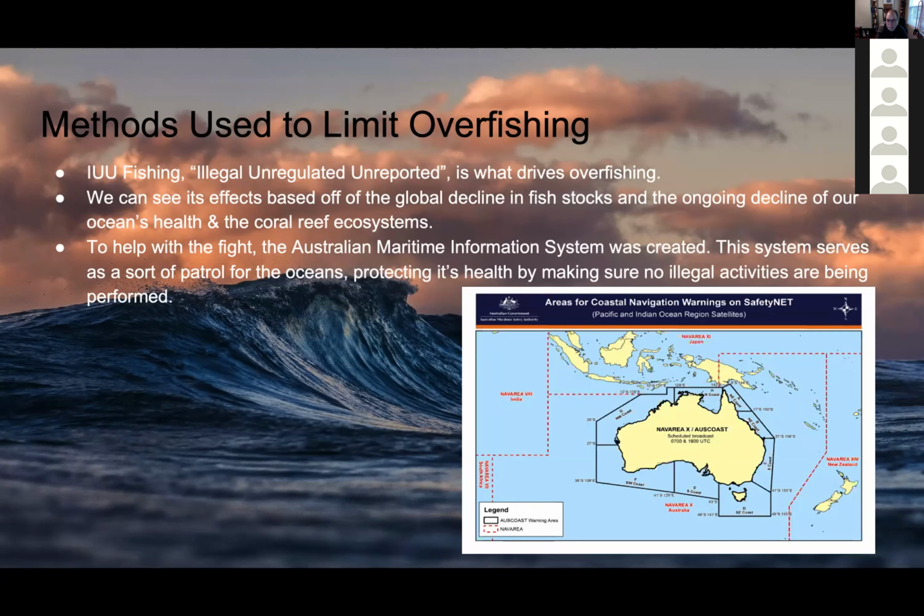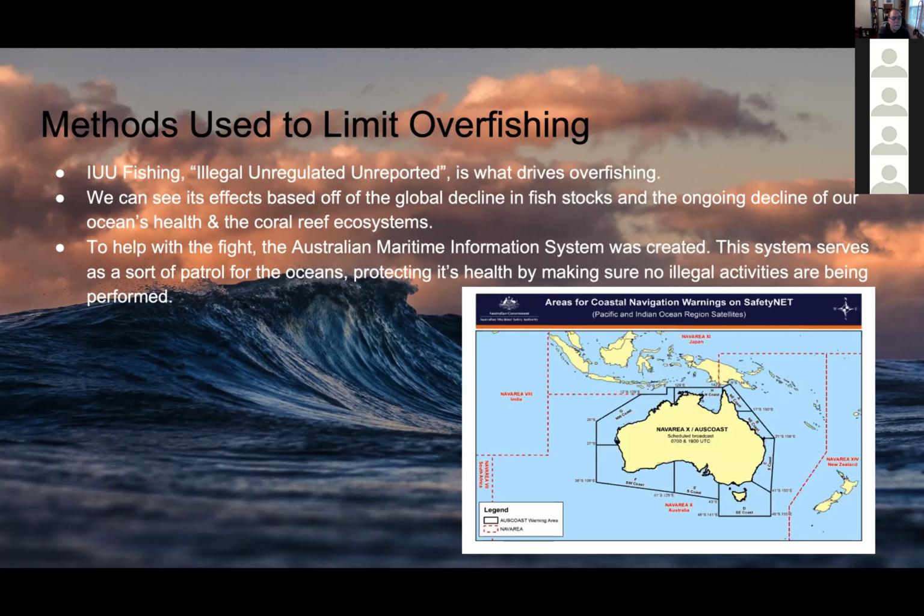So this means taking in drastic amounts of fish for that company's benefit and not taking into account the effect it has on the environment. We are able to see the effects IUU fishing has through worldwide decline in fish stocks, as well as the ocean's declining health as a whole.